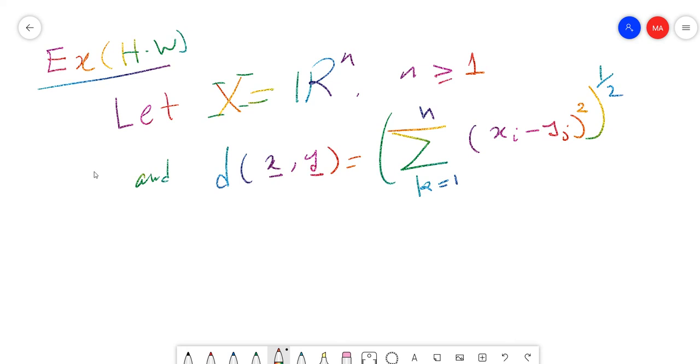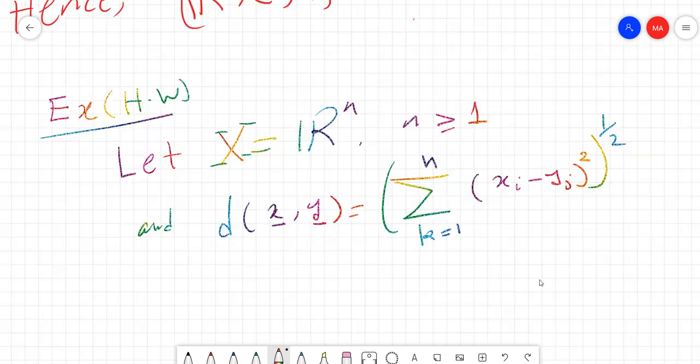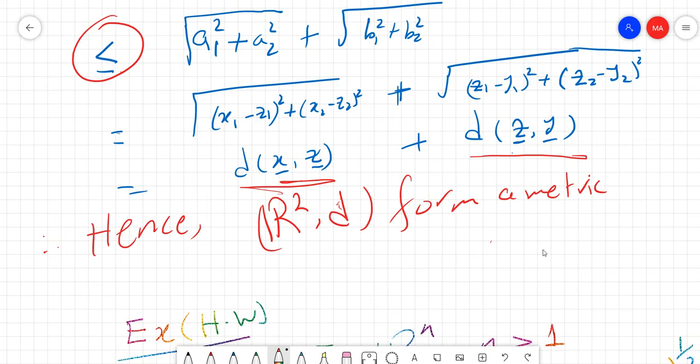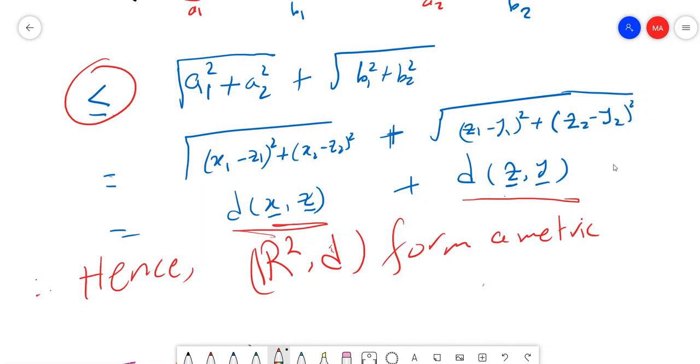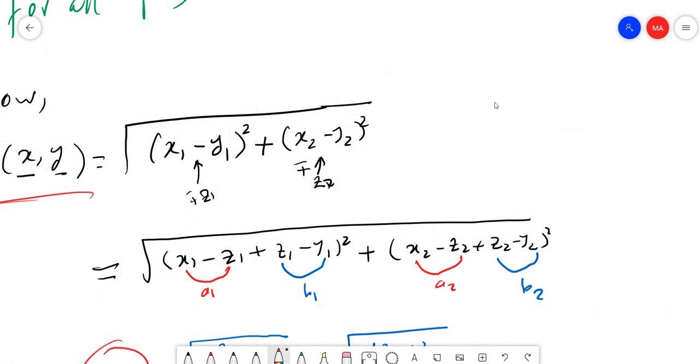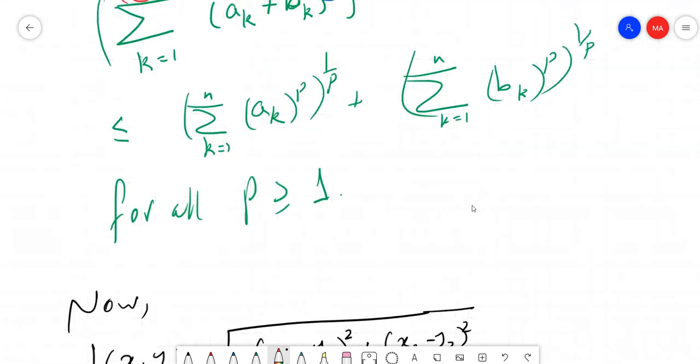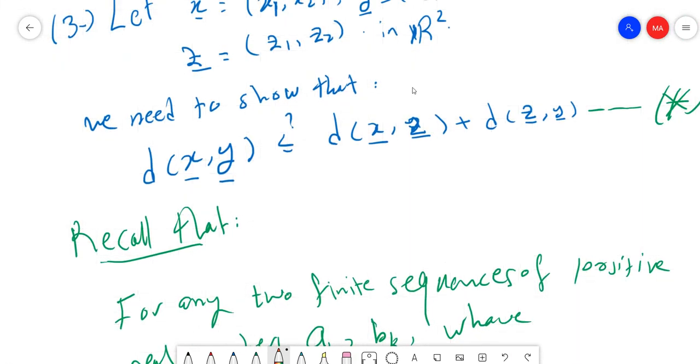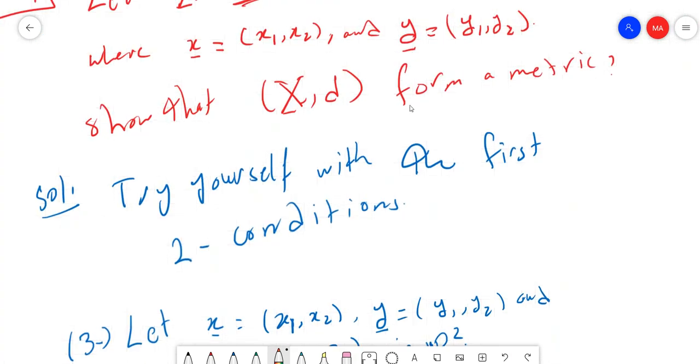I hope I can help you in this topic, and I am glad to help you to understand the concept of metric spaces.